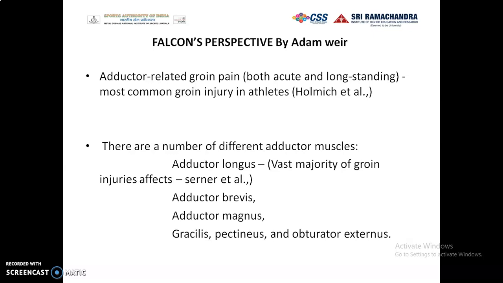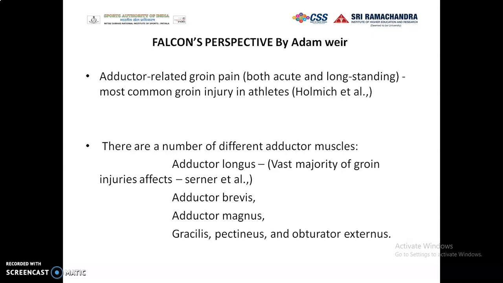As discussed by Adam Weir, adductor related groin pain, both acute and long standing, is the most common groin injury, as described by Hölmich et al.